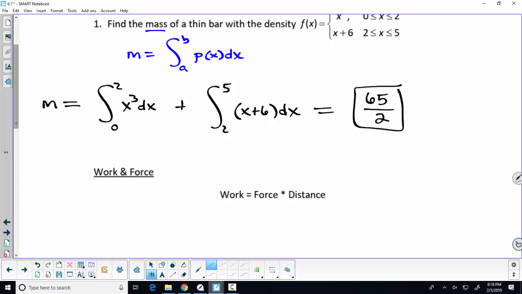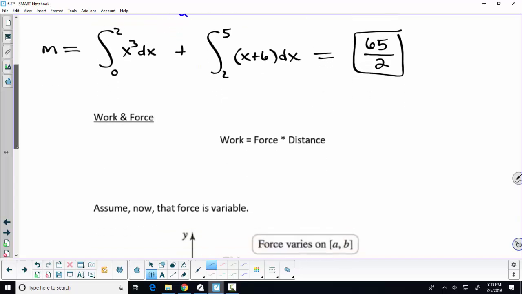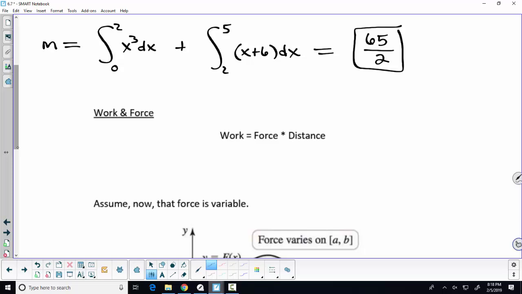Work and force are a little bit different. We have more applications with work and force. We're going to measure work in joules. Anybody remember the units for joules?